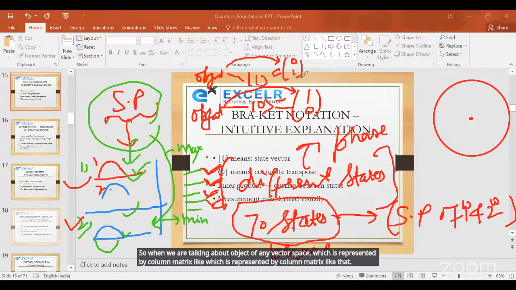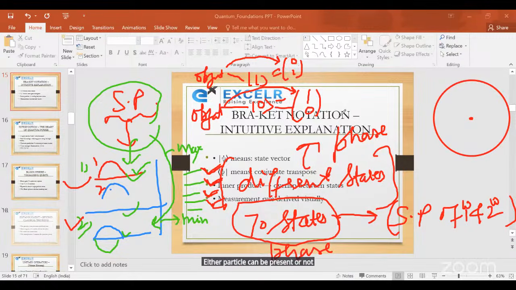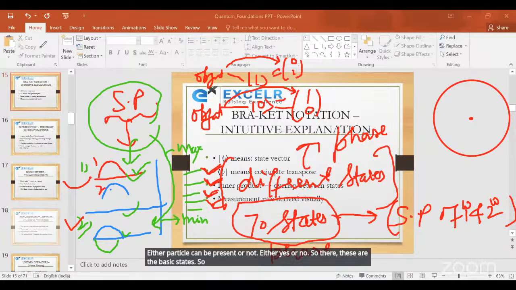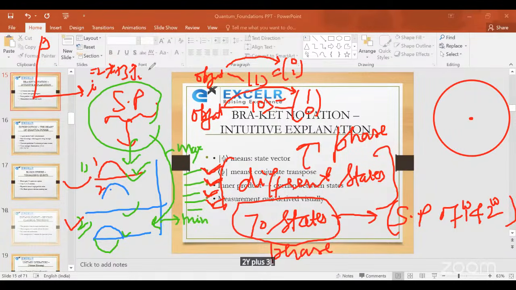And why are we taking 0 and 1? Because 0 and 1 are the basic states. Either the particle is present or not, either yes or no. Yesterday I talked about the basic states i, j, k. We represent 2i plus 3j in the form of the basic states i and j, which are unit vectors.